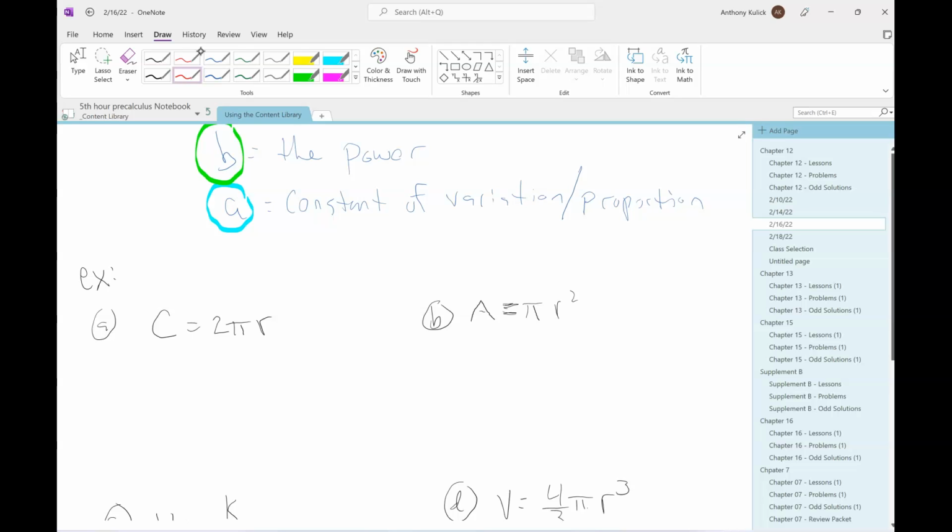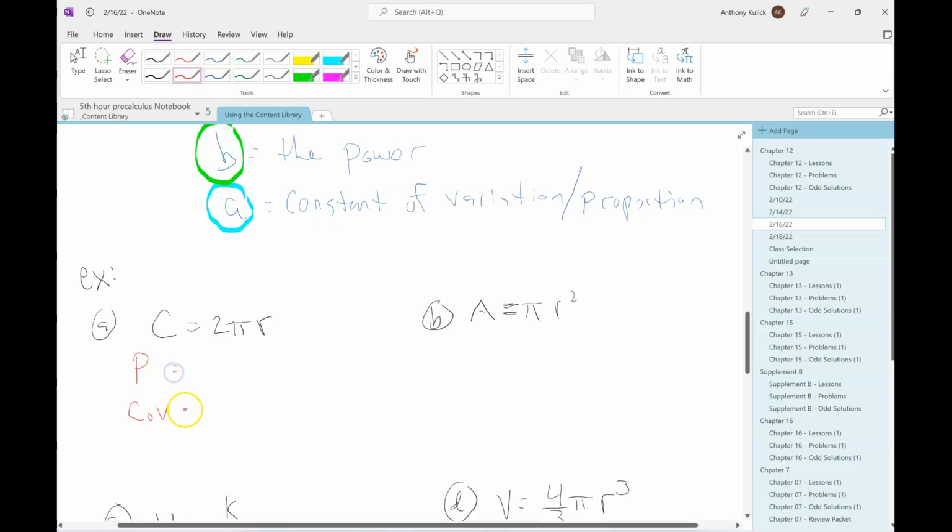And we see that the circumference of a circle varies with the radius. As the radius gets bigger, the circumference gets bigger. So here our independent variable is r, and our dependent variable is c.